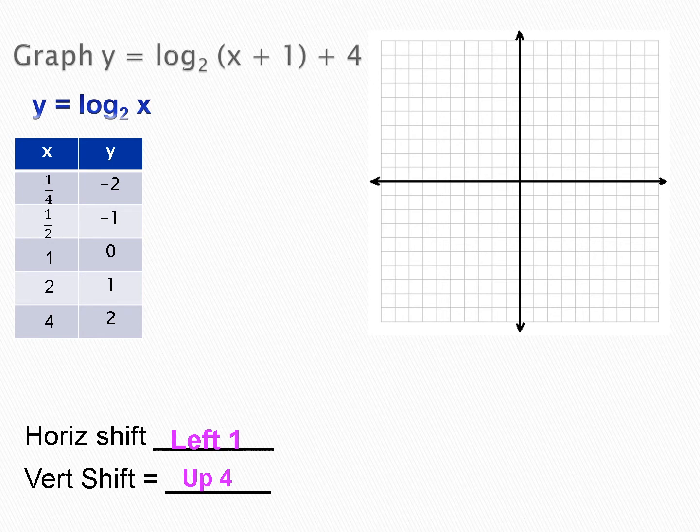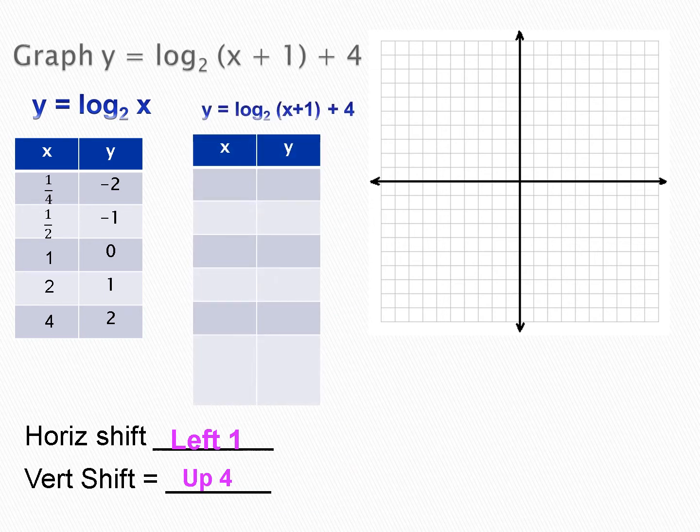Now I'm going to create the transformation table using the equation they gave us. So it says x plus 1, but remember it's opposite day. So instead of adding 1, you're going to subtract 1. So 1/4 minus 1. Let's see, if I have a quarter and I owe somebody $1, I am short 75 cents. So I am negative 0.75.